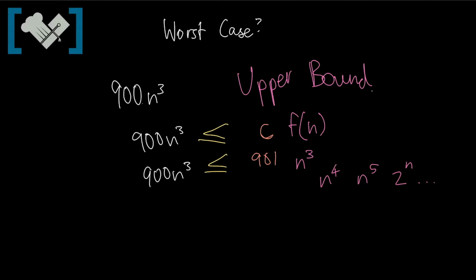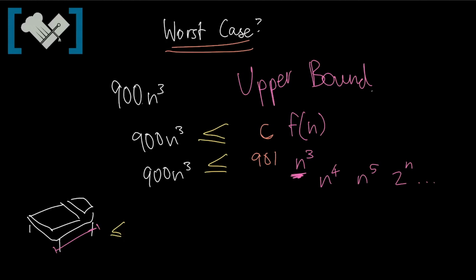But really, what computer scientists found useful is to find the closest function to which we hit the upper bound with a constant multiplied. This keeps the worst-case scenario manageable. For instance, you could say the length of your bed is smaller than the Earth's radius, because the Earth is a valid upper bound to your bed. But it wouldn't be a useful comparison because that wouldn't give a person a good idea of what your bed size would be.